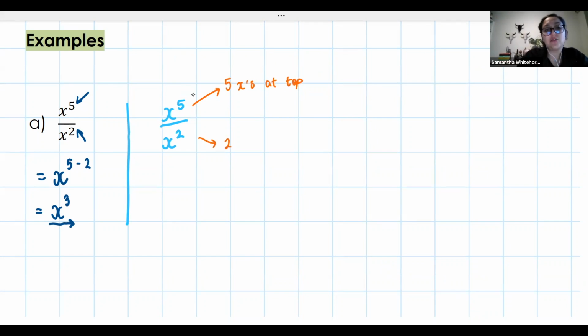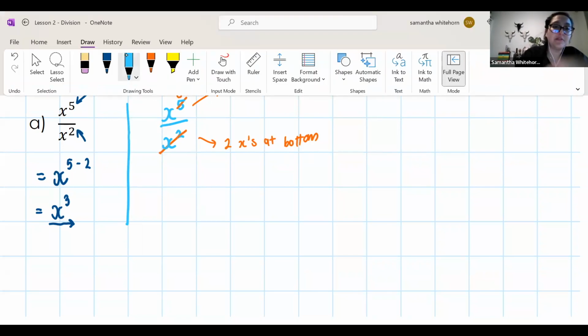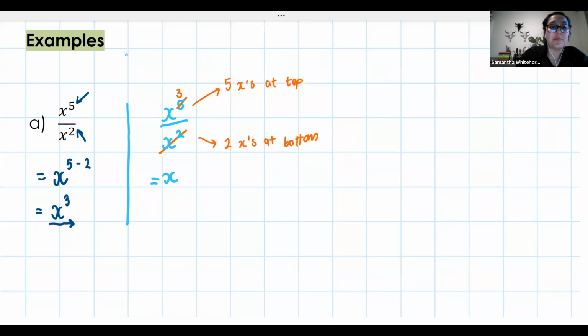And I've got 2 x's at the bottom. Now, what that means is I can cancel all 2 of my x's in my denominator with 2 x's in my numerator, leaving me with 3 x's at the top. And so when I simplify this, I still end up with x cubed. The same answer as what I got when I applied my law.